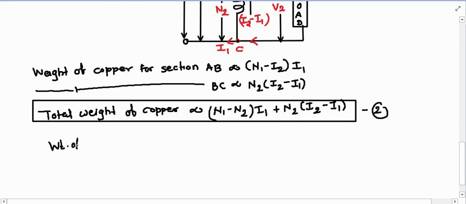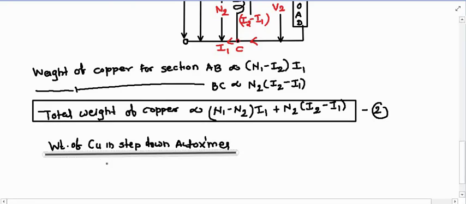the weight of copper, simply I will write Cu here, in a step down auto transformer upon the weight of copper in a two winding transformer equals what?